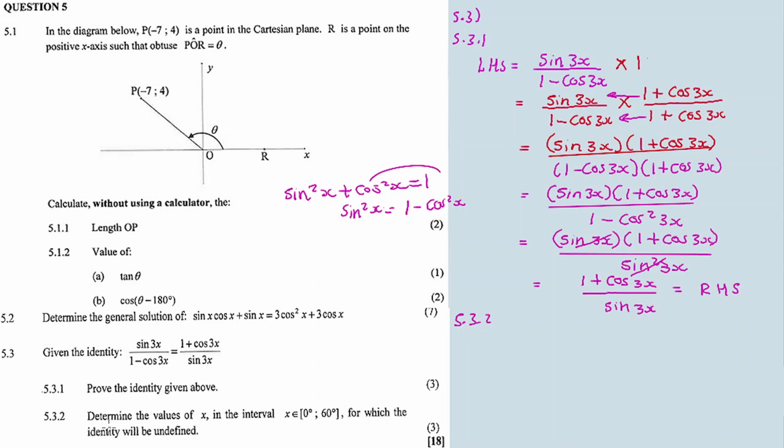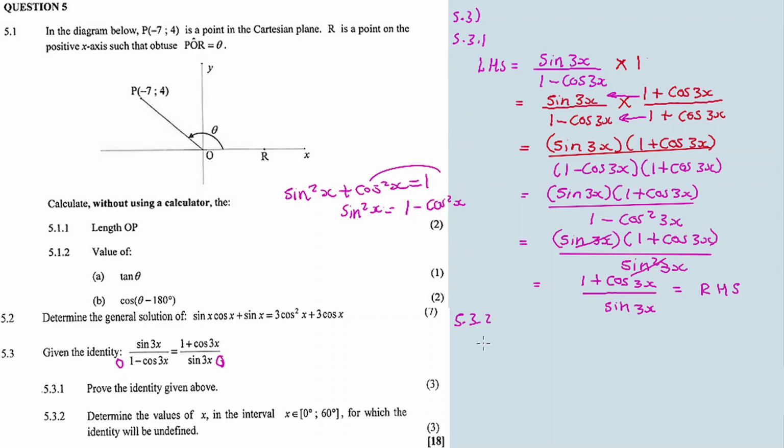5.3.2: determine the values of x in the interval x element of 0 degrees to 60 degrees for which the identity will be undefined. A fraction, if you divide by 0, becomes undefined, as well as the left hand side, if I divide by 0, this whole identity equation will be undefined.